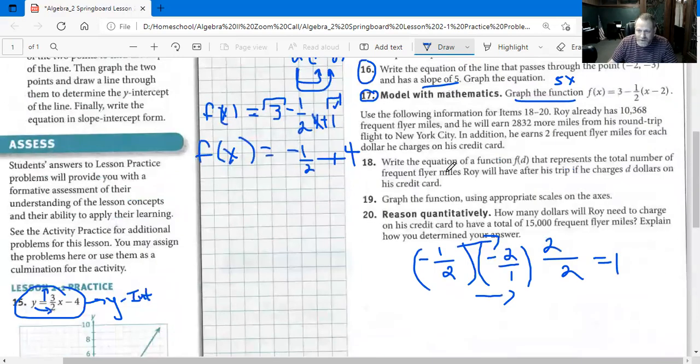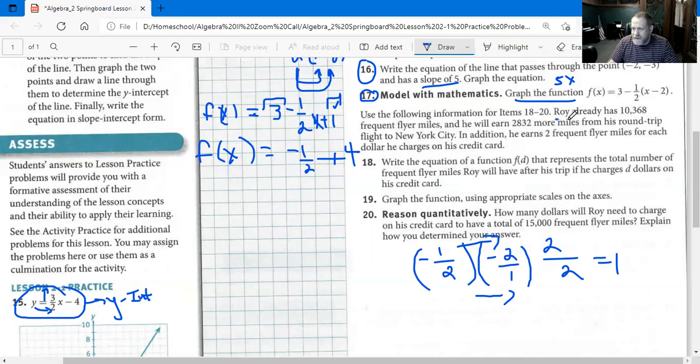Number 18: write the equation of a function f(d) that represents the total number of frequent flyer miles Roy will have after his trip if he charges d dollars on his credit card. Oh, sorry guys, we didn't even go through the scenario. Use the following information for items 18 to 20.